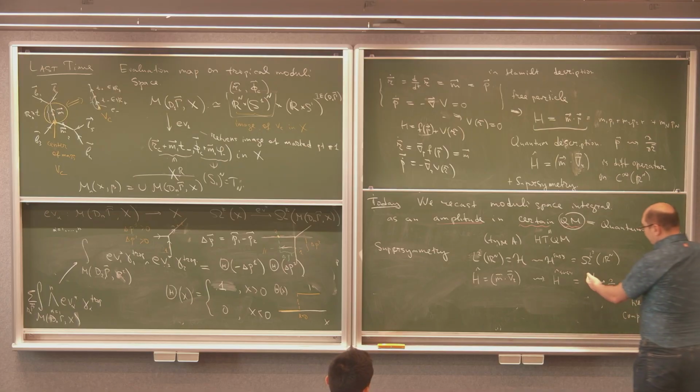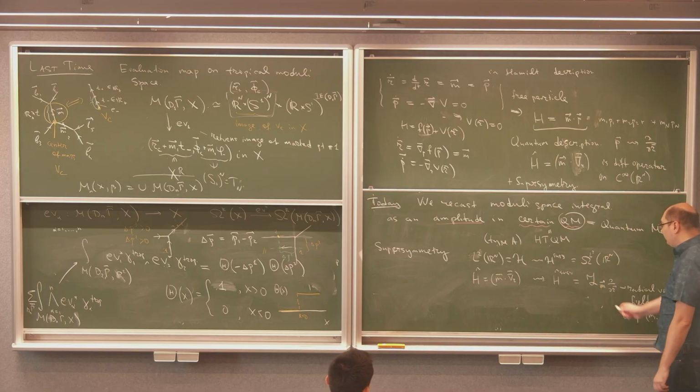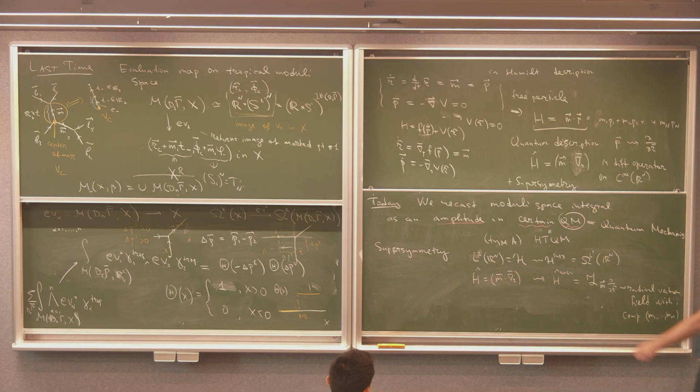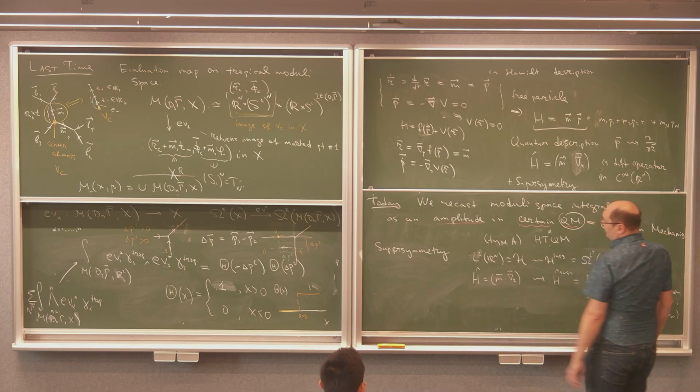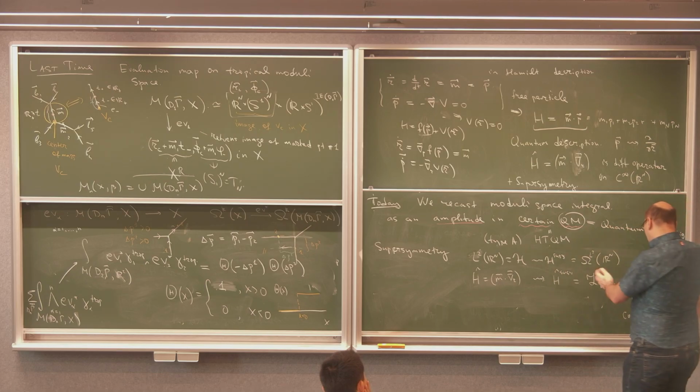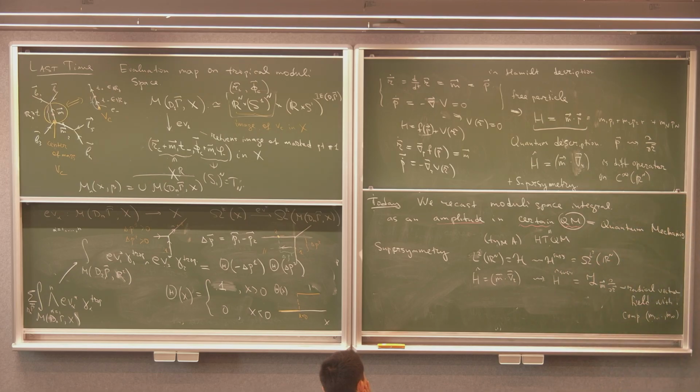So if we look at how this supersymmetric Hamiltonian acts on functions, acting on functions it is precisely taking a gradient and multiplying by m. While on differential forms, this gives us a natural operation.